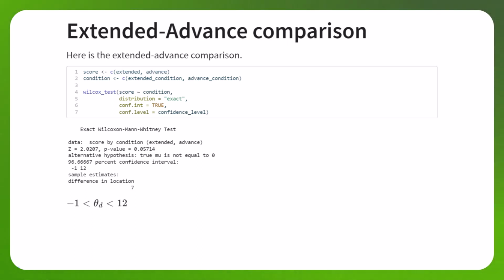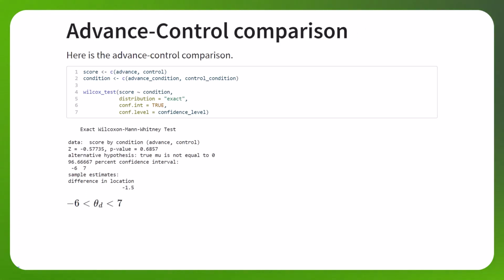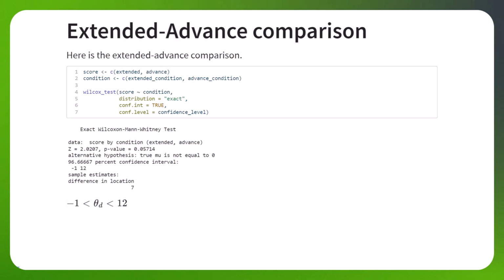And similarly here, when we compare extended to advanced, we had a difference of 7 points. Not enough to be able to have 95% confidence, but it does give us hope that extended metaphors, especially when I compare across all the results, may be the way to go.